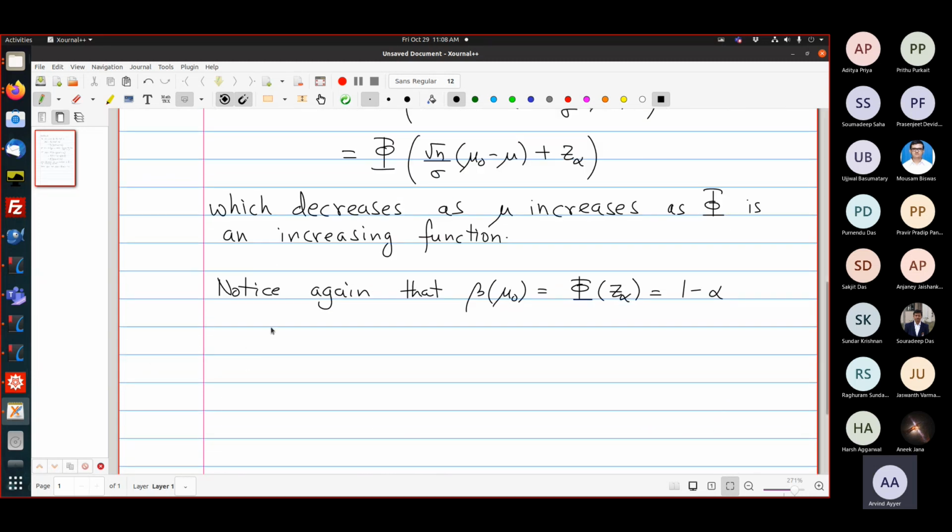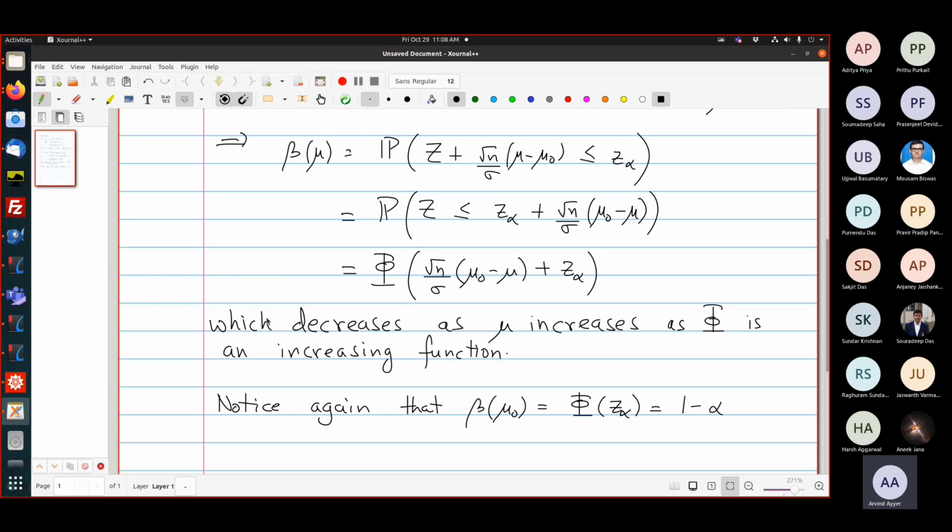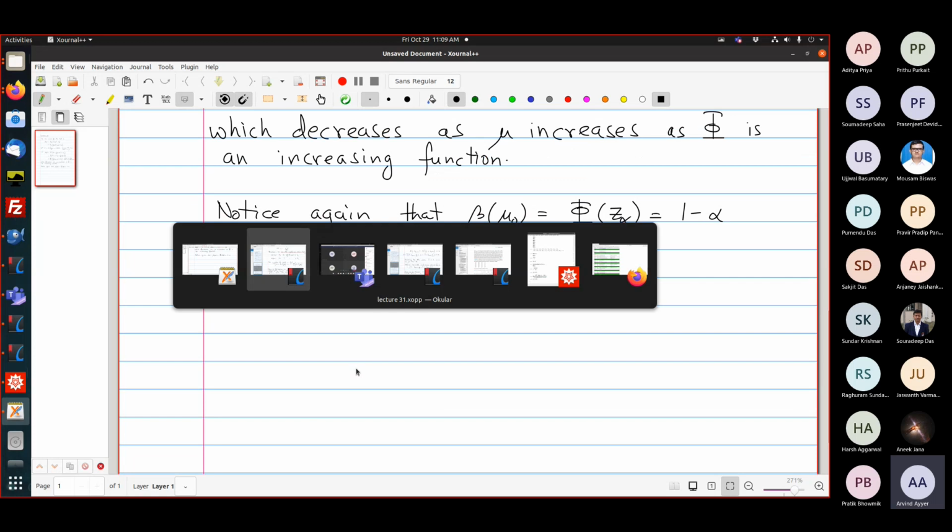Otherwise, this gives the probability of a type 2 error, and as I said before, it depends on mu. Okay. Any questions about this?